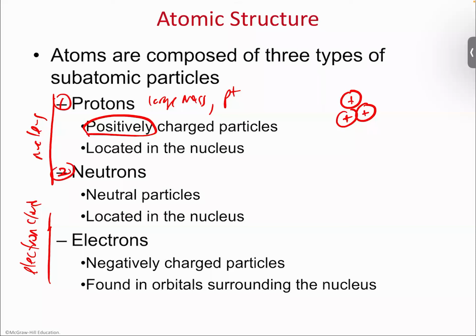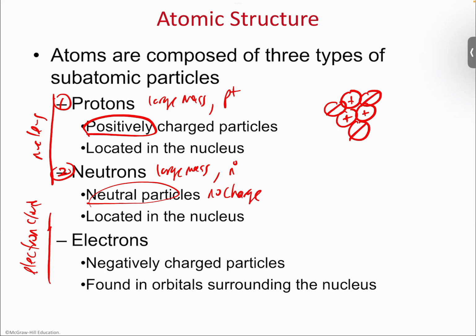Now, the other particle that's in the nucleus as well are the neutrons. These are also large in mass. They are neutral particles. That is to say, they have no charge. And they are going to be N0. So I'm going to add some neutrons in there. There's one, and then there's one. I'm going to put a slash through them to designate there's no charge there.